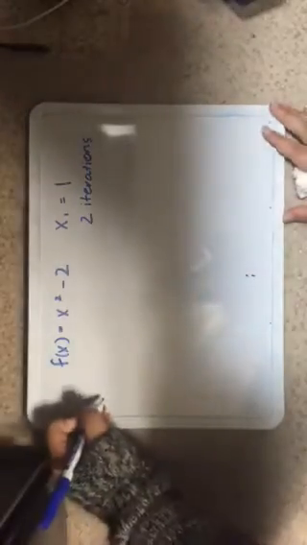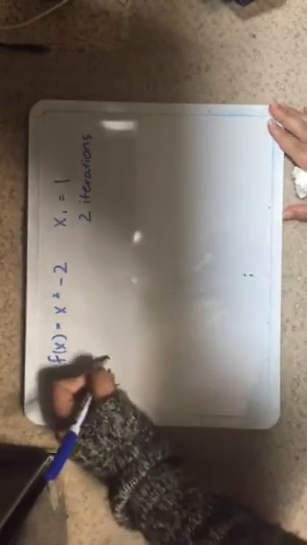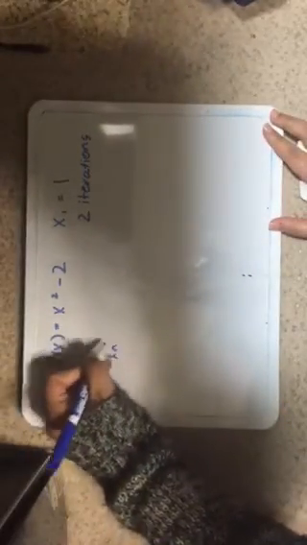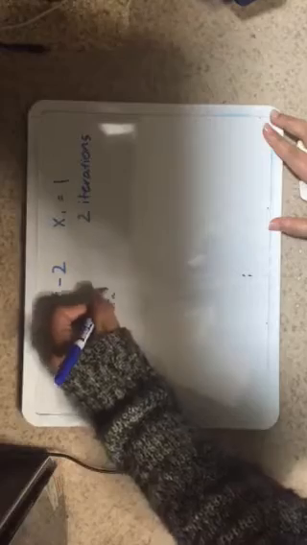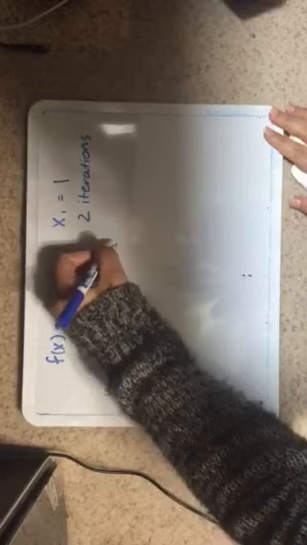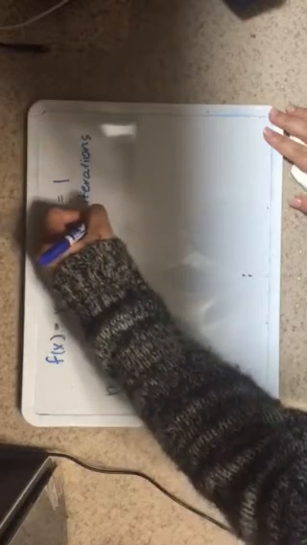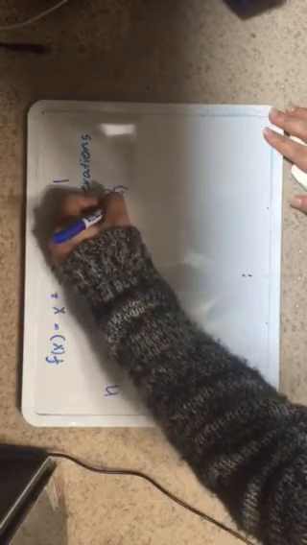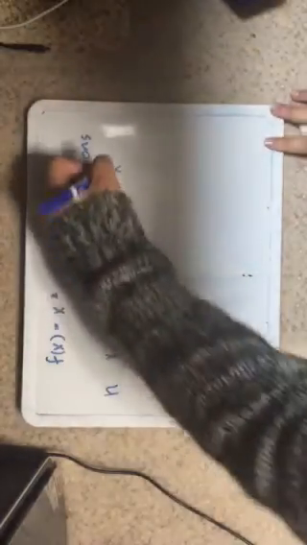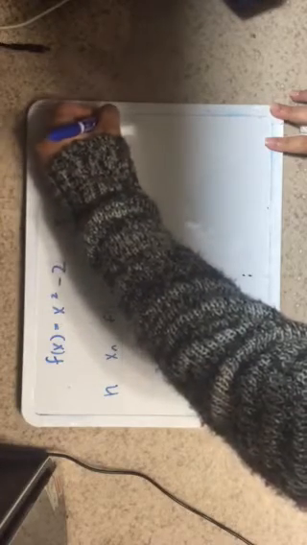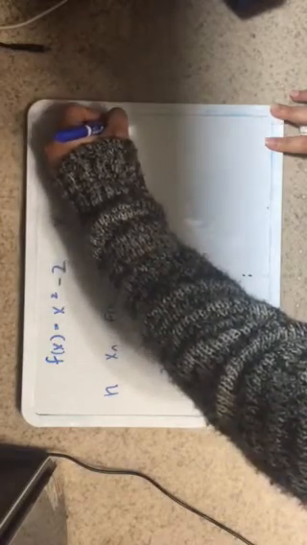Okay, so the chart, it's n, xn, f of xn, f prime of xn, f of xn over f prime of xn, and then xn minus f of xn over f prime of xn.